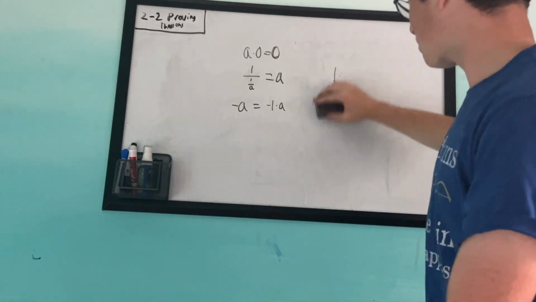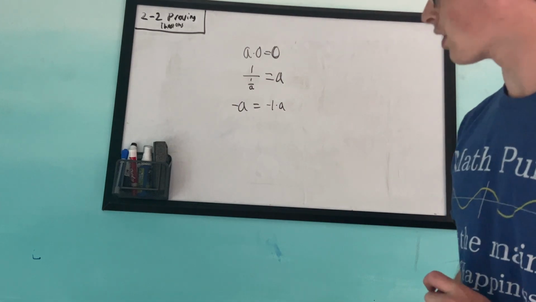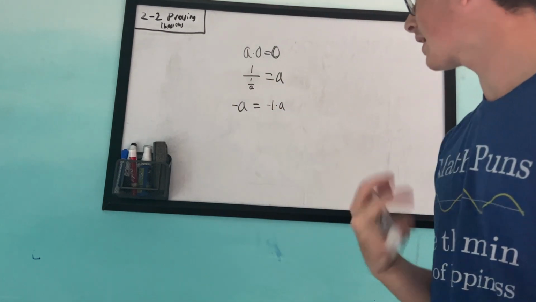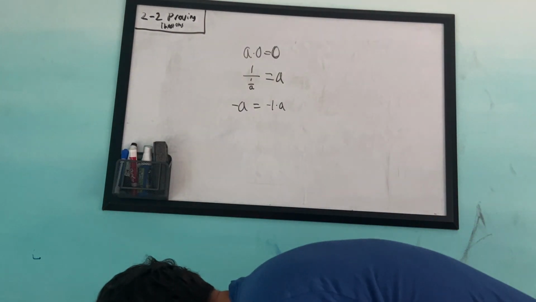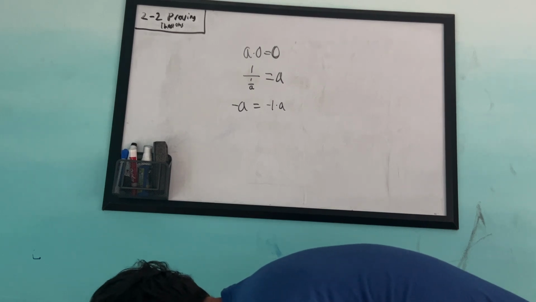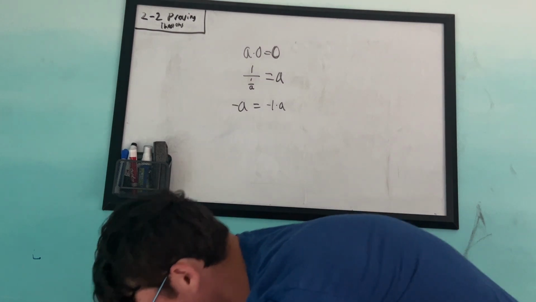But you still have to be able to prove these as true statements before you can use them. I'll prove, probably negative a equals negative 1 times a, because I think it's pretty intuitive. Actually, no, I'll do a times 0, because that's probably the one most people think is the most intuitive.